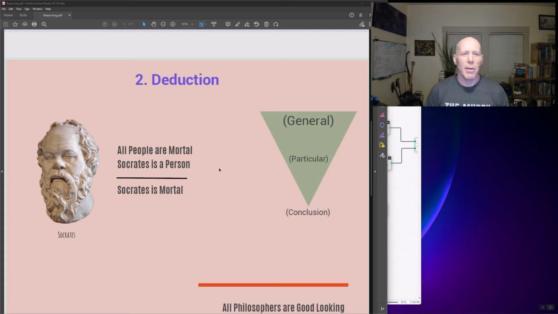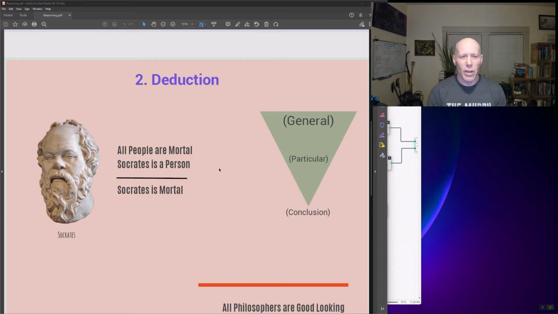So Socrates is going to make a general claim. All people are mortal. Socrates is a person. Therefore, Socrates is mortal. Now, this is a very, very strong type of argumentation. It goes from the general to the particular, general to the specific. And if you argue it carefully, it's almost always right.